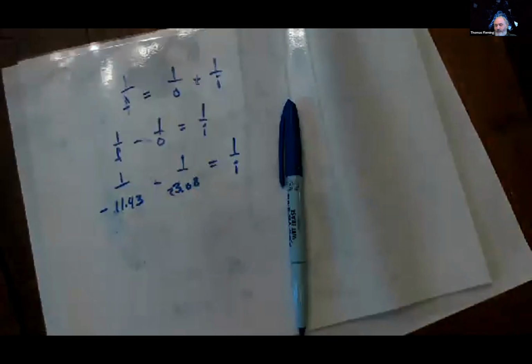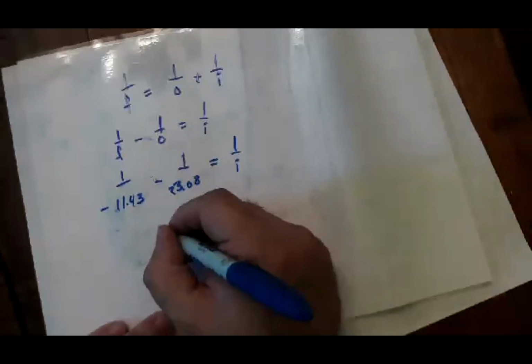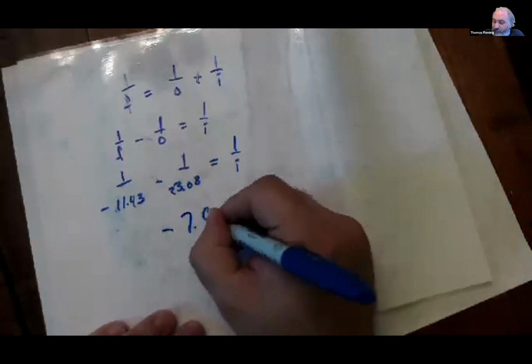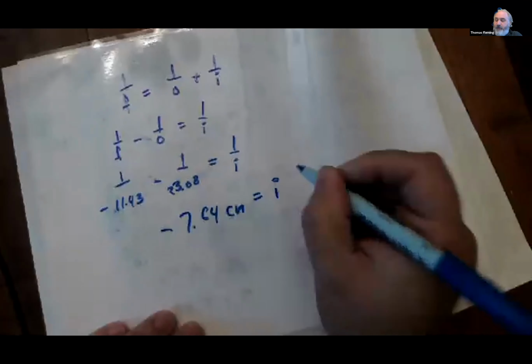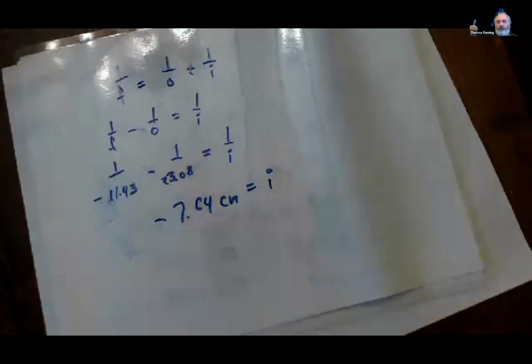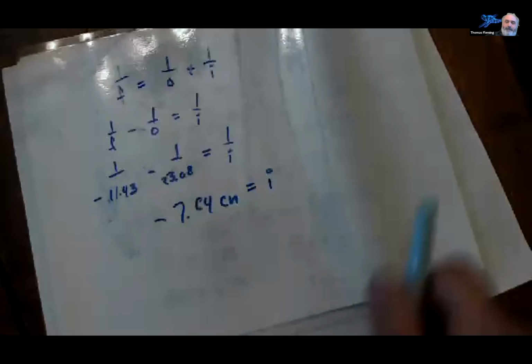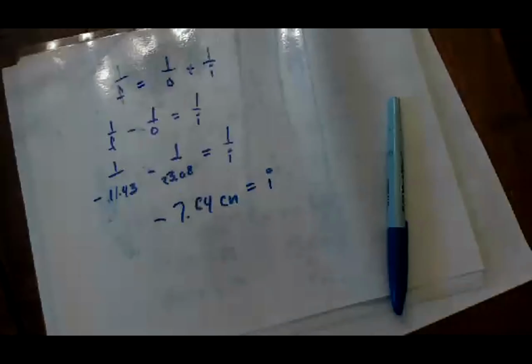So negative 11.43 and negative 23.08. So I get that my image distance is negative 7.64 centimeters, right? I just added that up and took the reciprocal. You with me? Yes. Now, let's go back to my picture for a second.